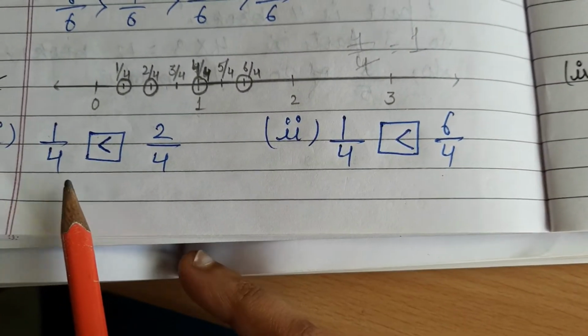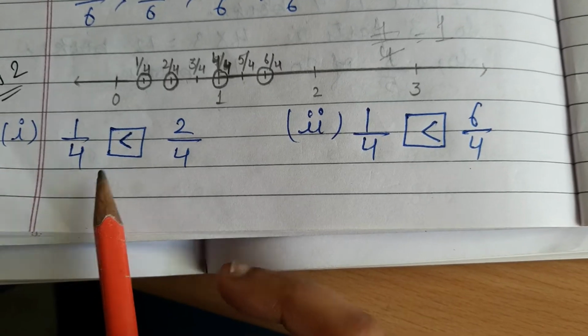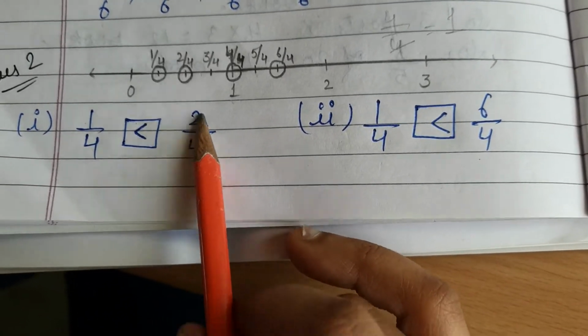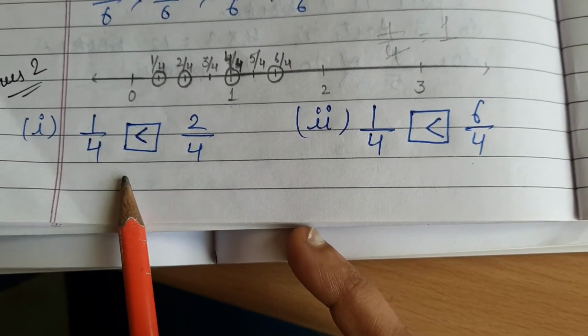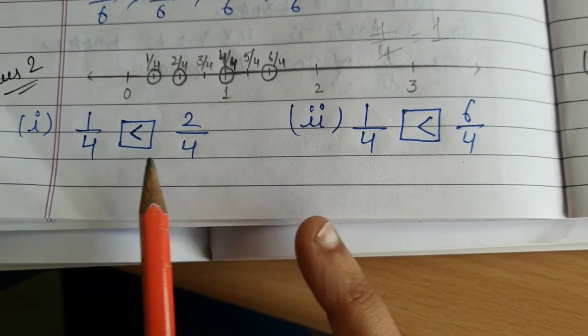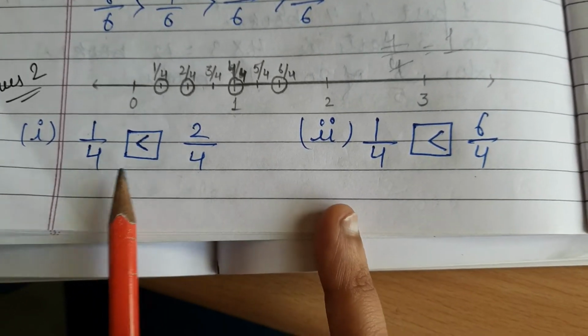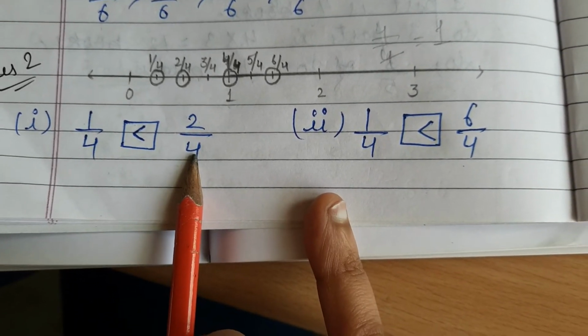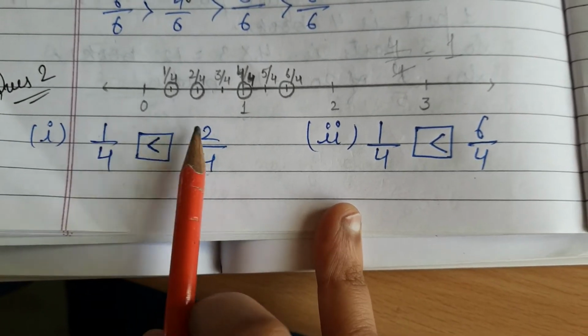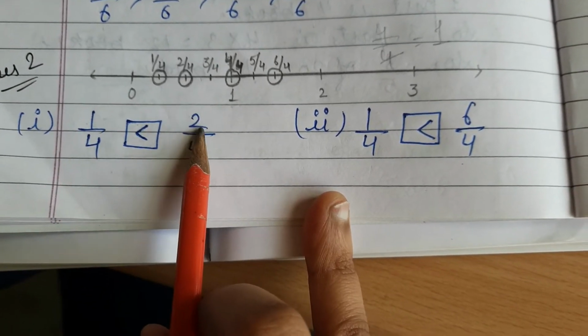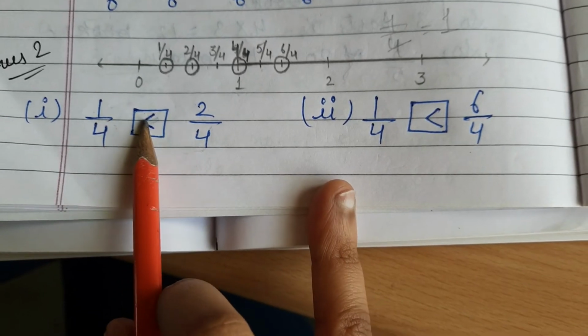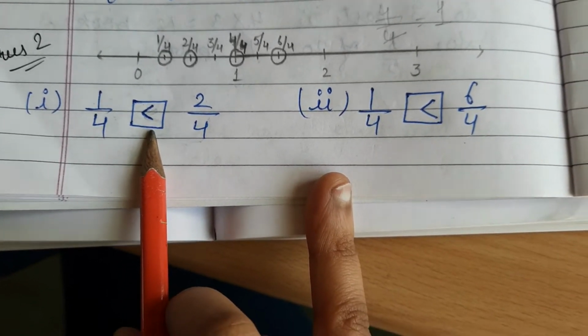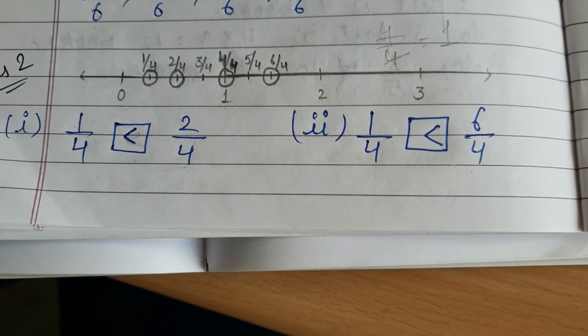So here in the first part, 1 upon 4 box 2 upon 4, we have to find out which one is greater and which one is smaller. The denominator of both of these is the same, so we have to see which numerator is greater. 2 is greater than 1, so we will put the sign like this toward 2 upon 4.